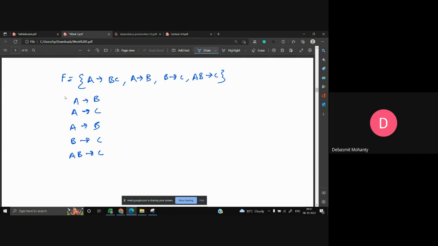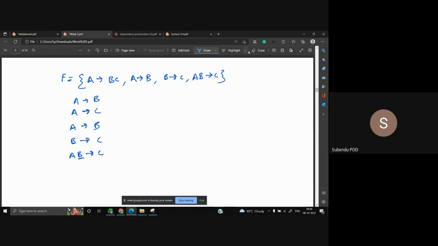Now we have to find whether there is an extraneous attribute or not. Let's see if B is extraneous or not. How to find whether B is an extraneous attribute or not? Or A is extraneous.